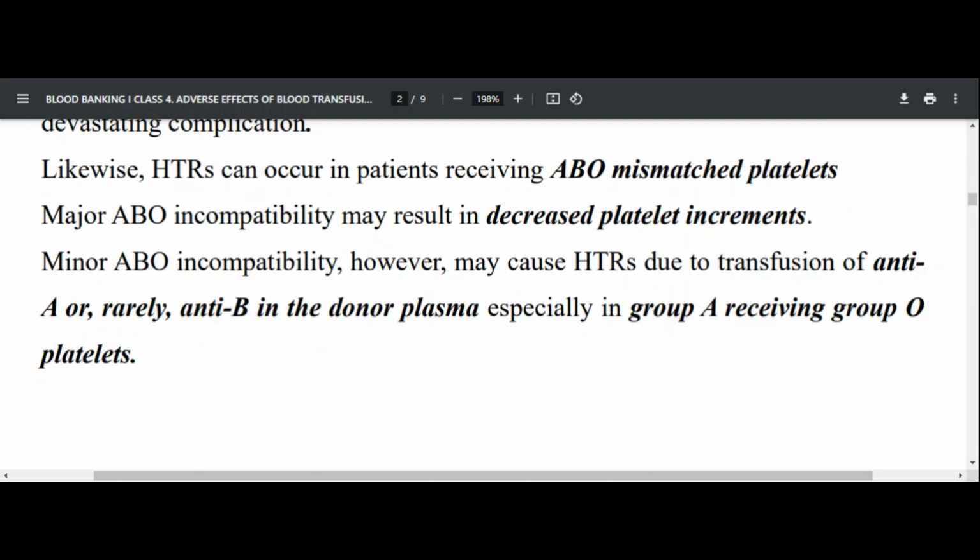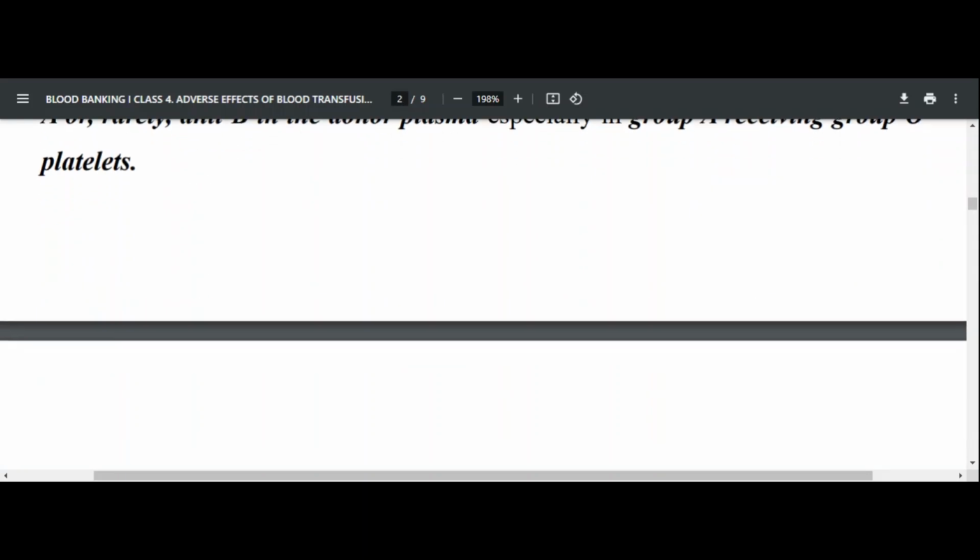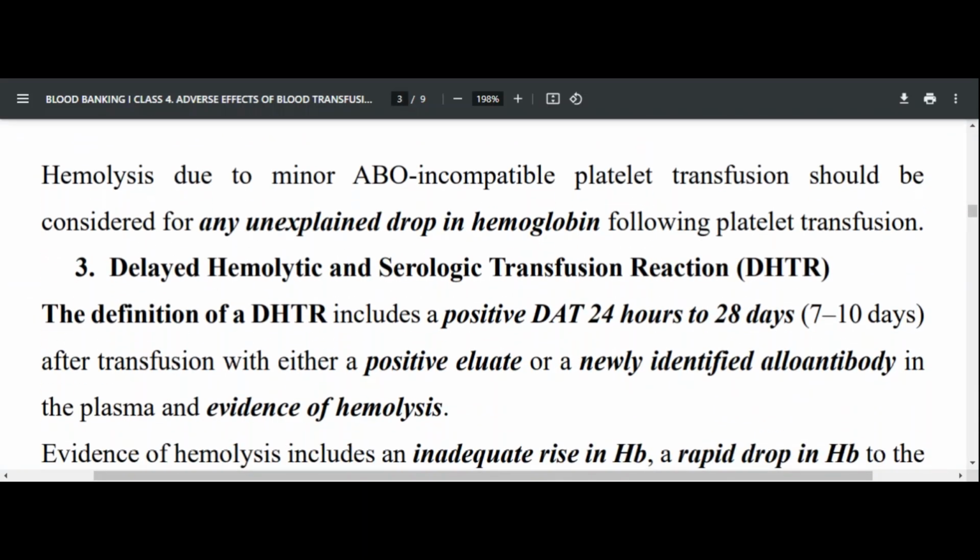So if you are transfusing O platelets, you are also transfusing plasma containing anti-A and anti-B to the patient, and that's going to lead to a particular reaction. But that reaction is called a minor reaction, not a major reaction. So hemolysis due to minor ABO incompatible platelets should be considered if any unexplained drop in hemoglobin following platelet transfusion is seen.